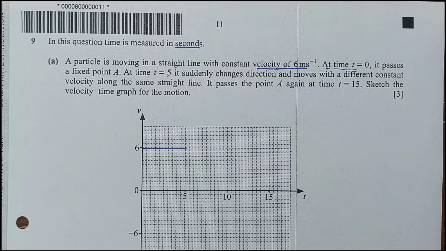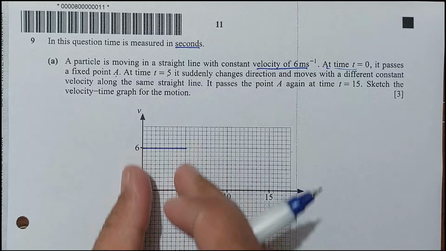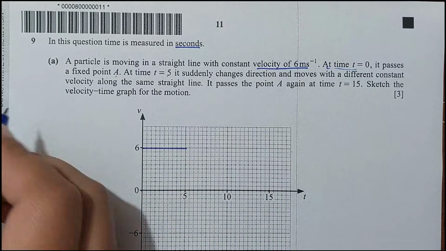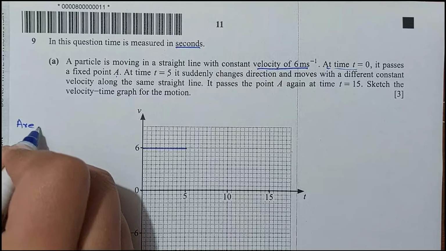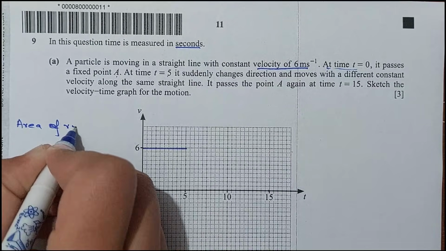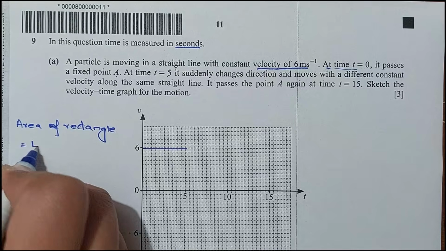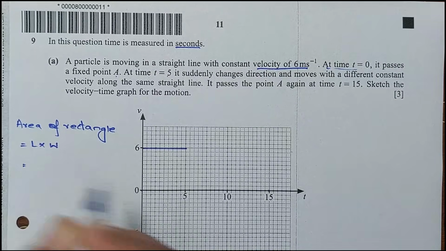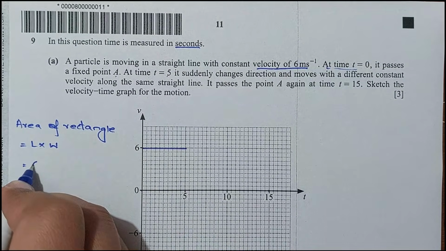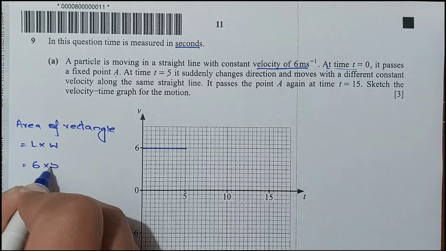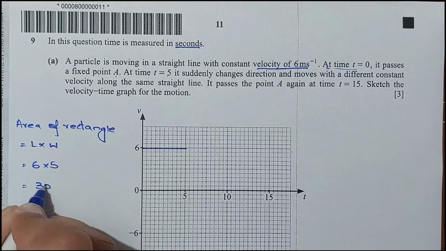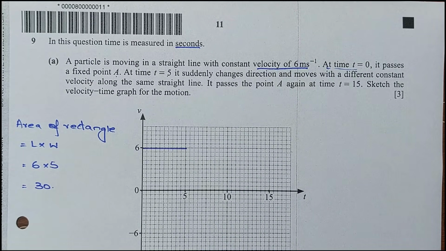Let me find the area of this rectangle between 0 and 5, which is length times width. This is 6 and this is 5, which equals 30. So the area of the rectangle between 0 and 5 is 30.